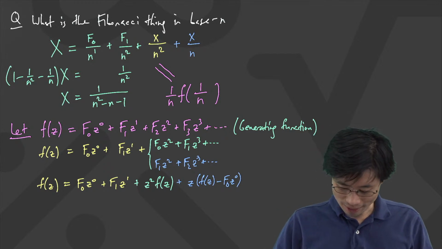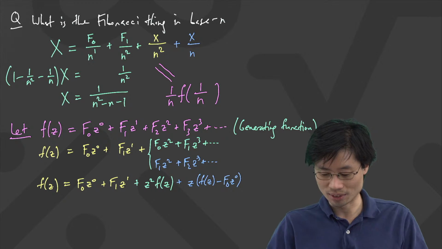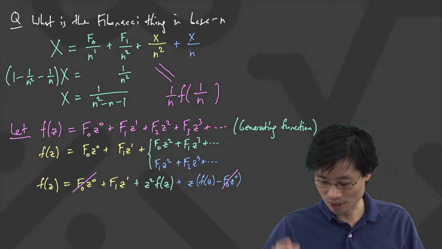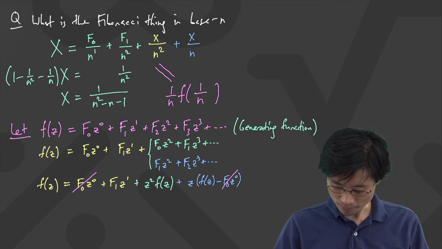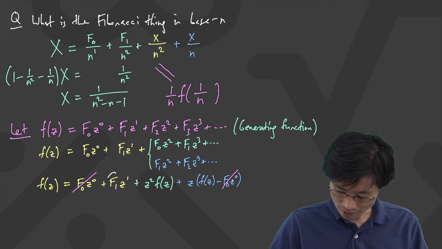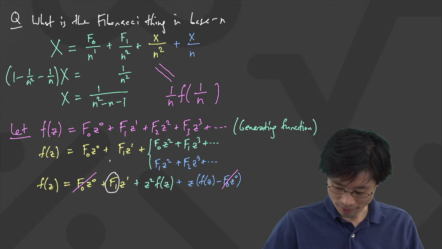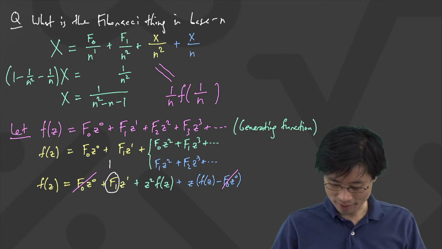Okay, well now let's use the fact that for Fibonacci's, I know what these are. f0 is 0, right? So for Fibonacci's, I happen to know f0 is 0, so those are gone. And I happen to know that f1 is 1. Let's just write a 1 above it. Okay, so then I can write down an expression for f of z.